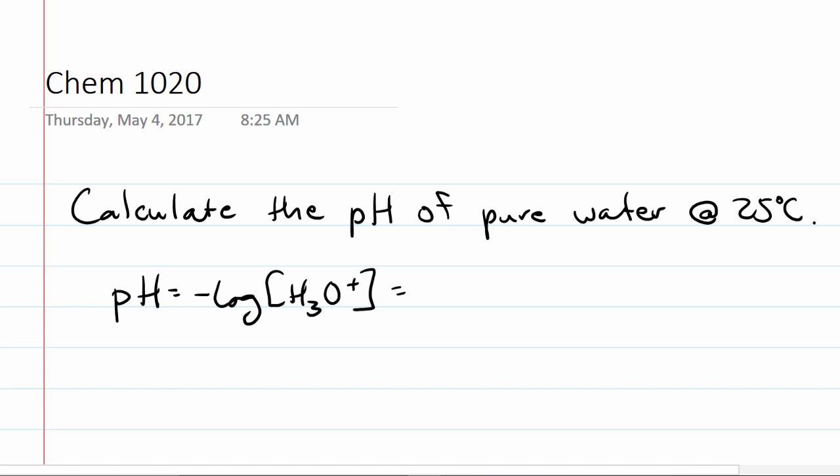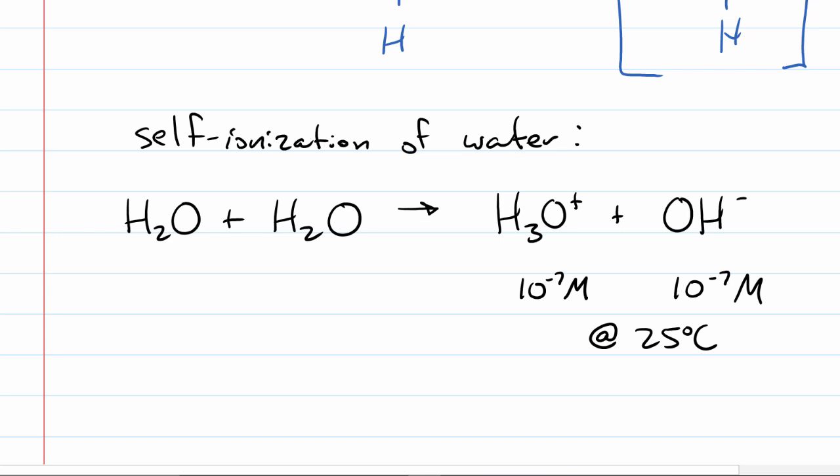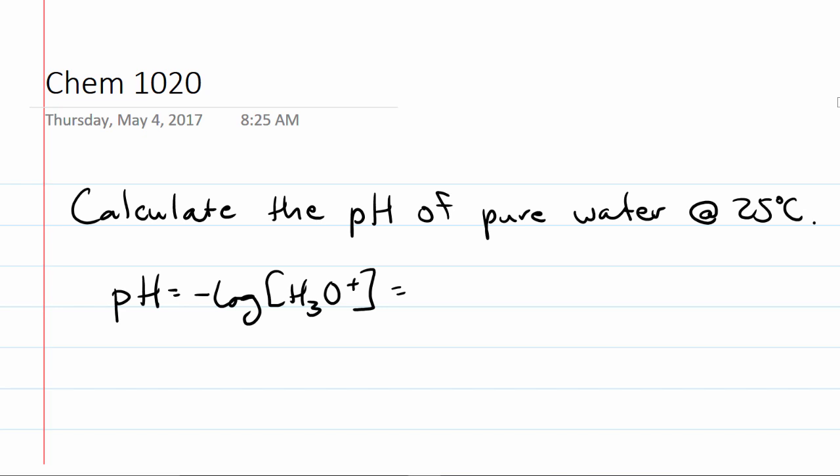And remember now, the concentration is what these square brackets stand for, the concentration in units of molarity. And what is the concentration of hydronium ions in pure water? All right, here it is, 10 to the negative 7th. So we substitute that in. We want to take the negative logarithm of 10 to the negative 7.